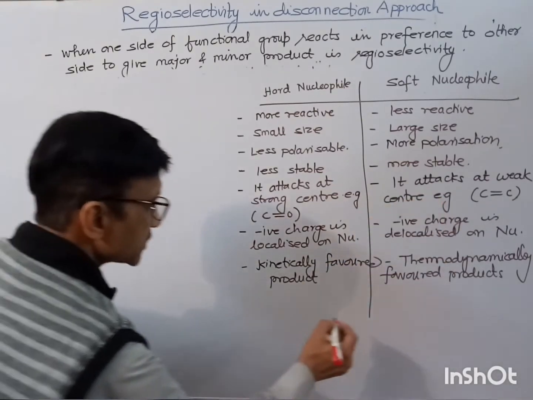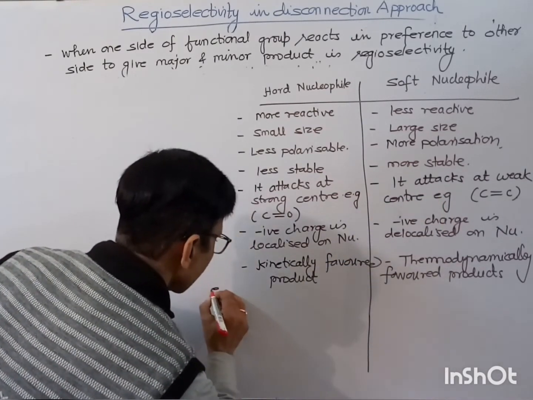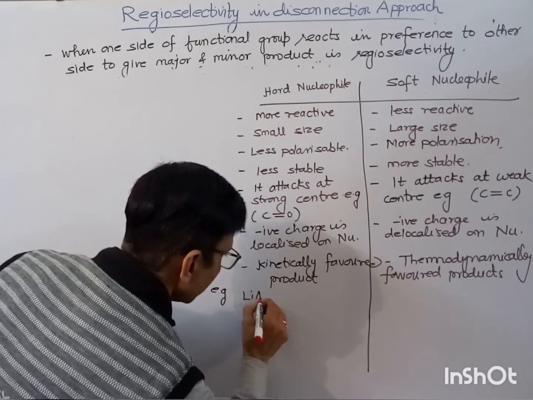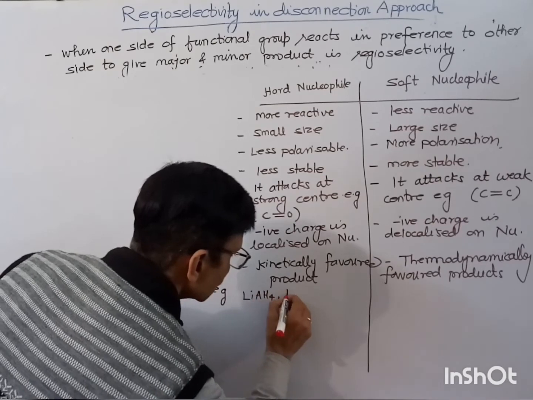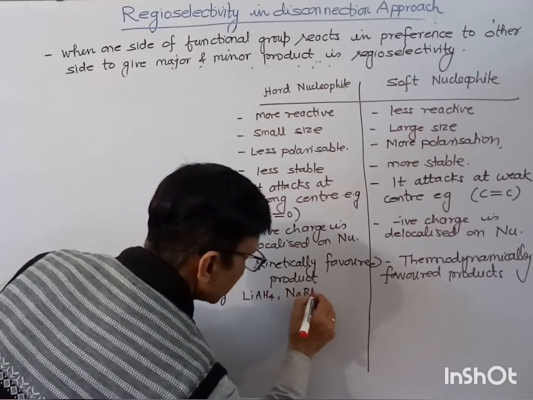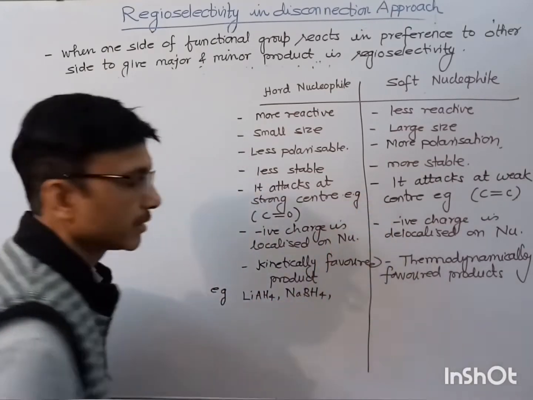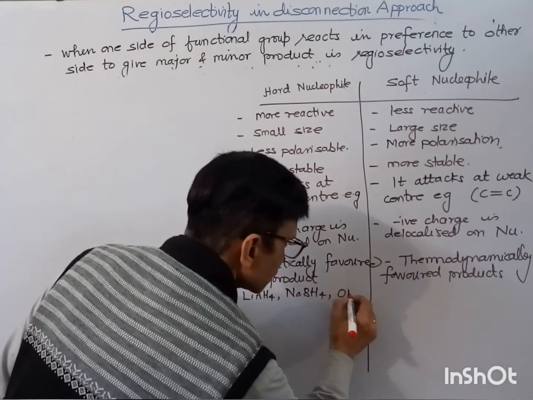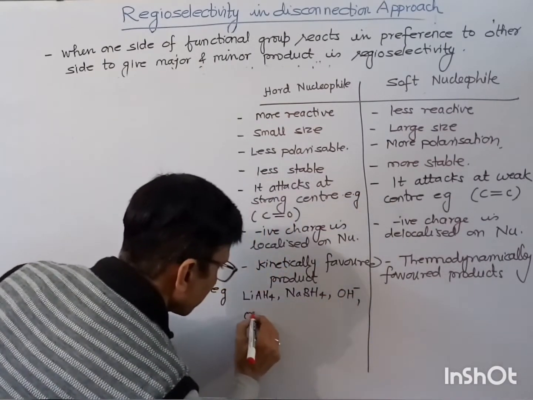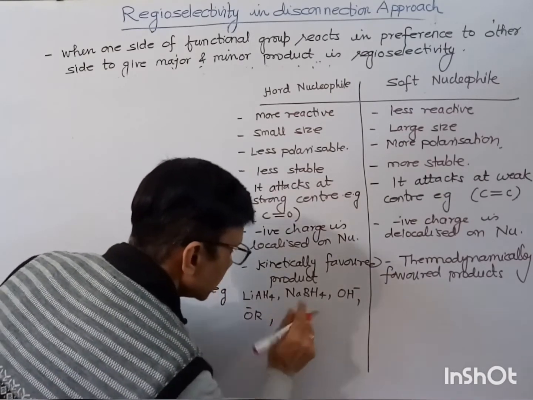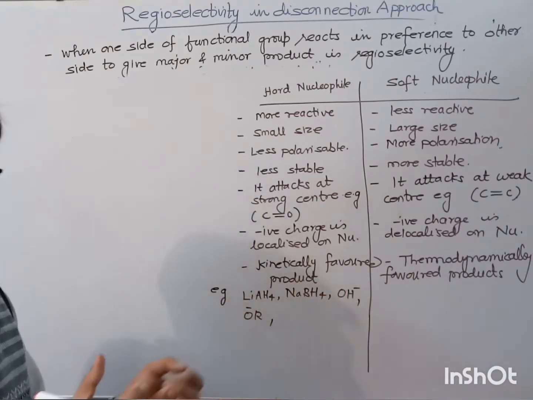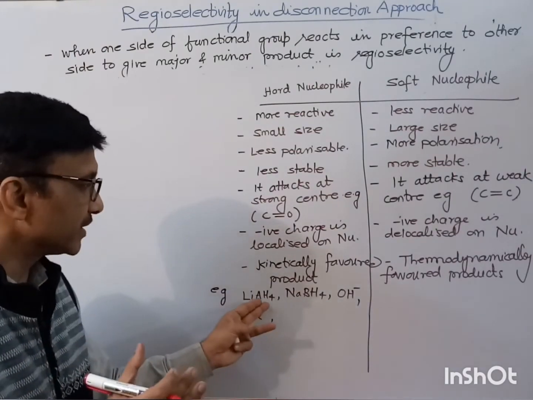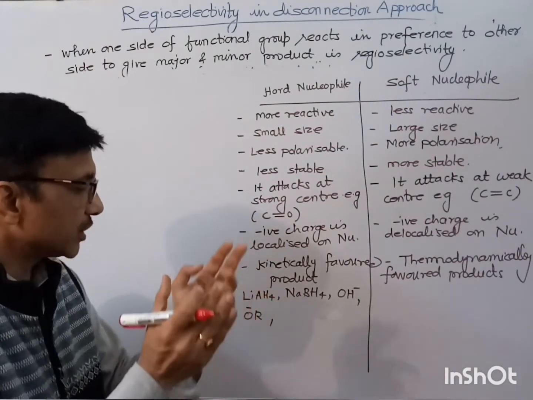Now let's see some examples. For example, lithium aluminum hydride, sodium borohydride, or OH minus. Here the H minus being the nucleophile, the negative charge is localized.